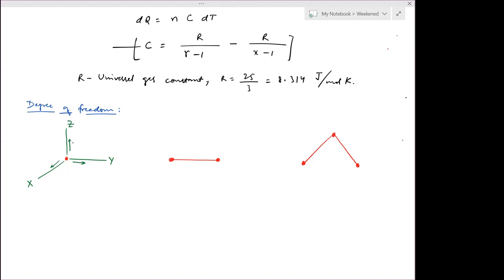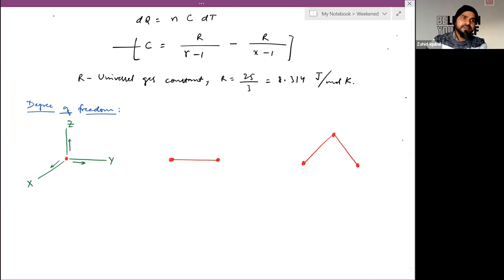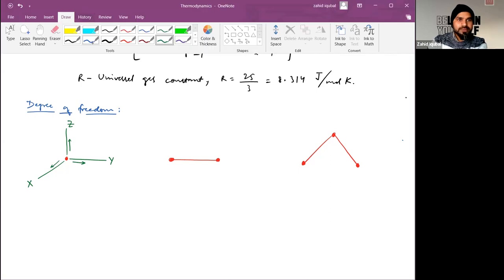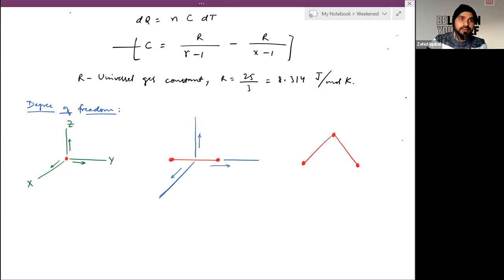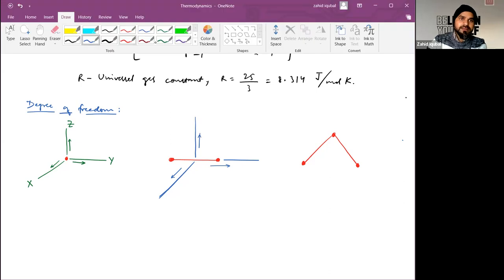Yes. In second part, if I ask you to define in how many directions this diatomic molecule may have energy contained with it, you'll say it also tends to go along x-axis, y-axis, as well as z-axis, and it also has some rotational energy as well.